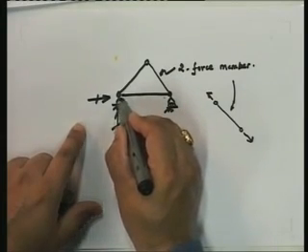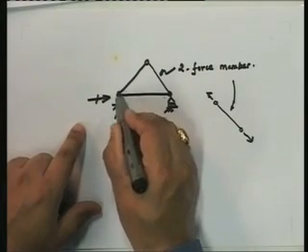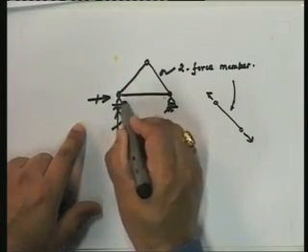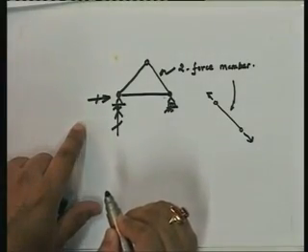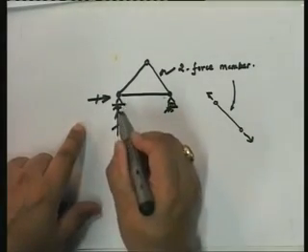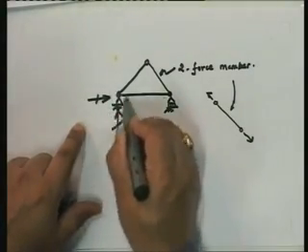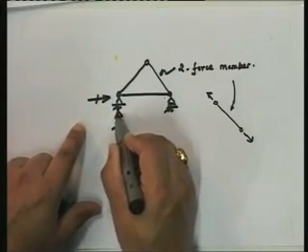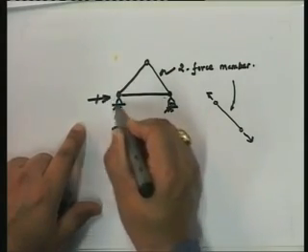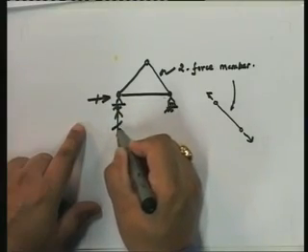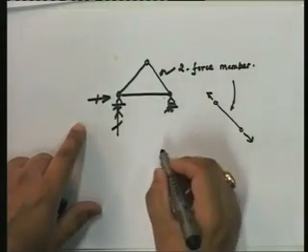However, it does not stop the rotation at the particular point. Since it restrains the lateral motion, the movement in the plane, it can generate two reactions. So, these are my unknown reactions.